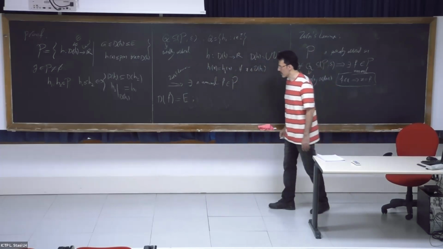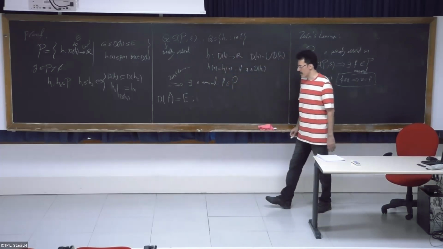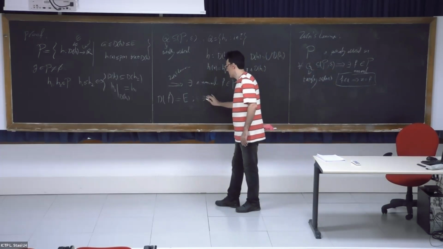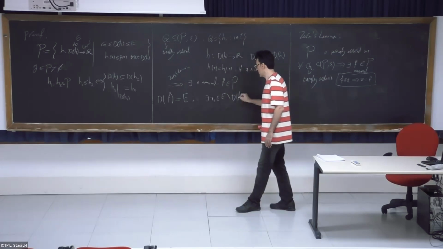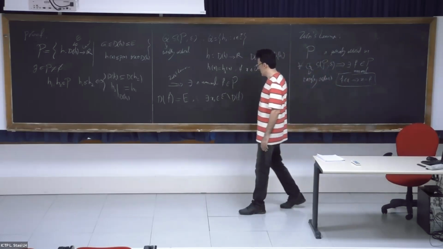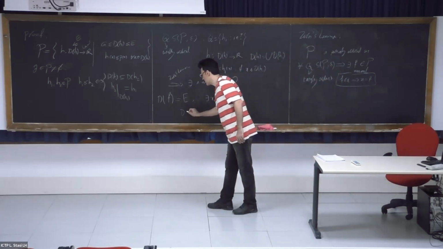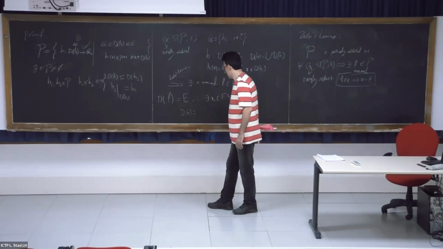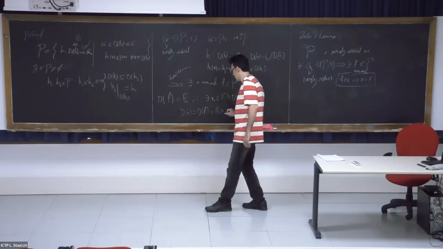To do this, we may assume that they are not the same, and we have, by contradiction, that there exists some x0 in E minus the domain of F. And we define a set, the domain of H, to be the domain of F plus R x0.